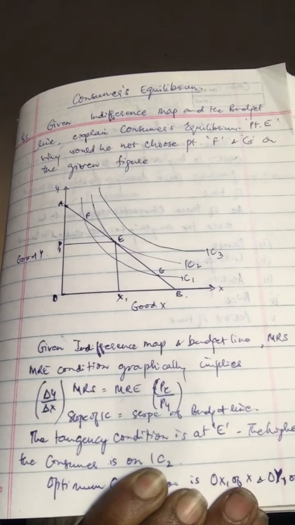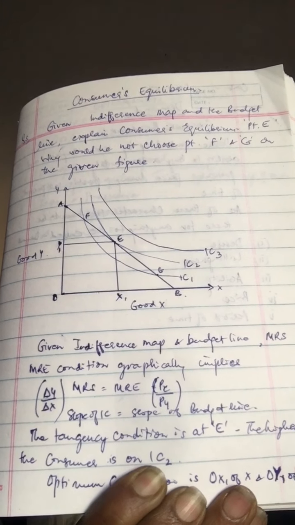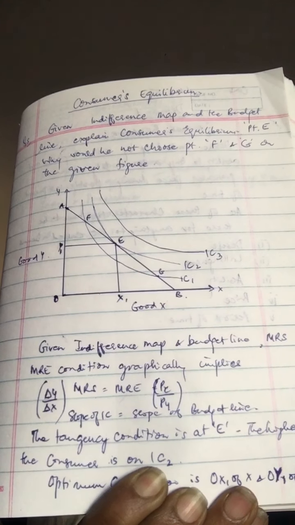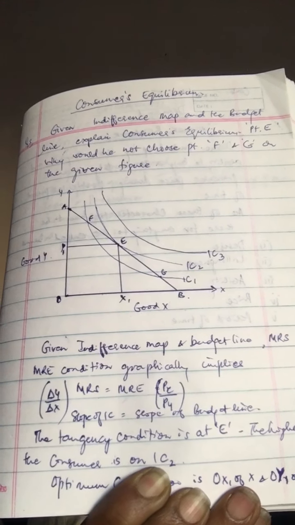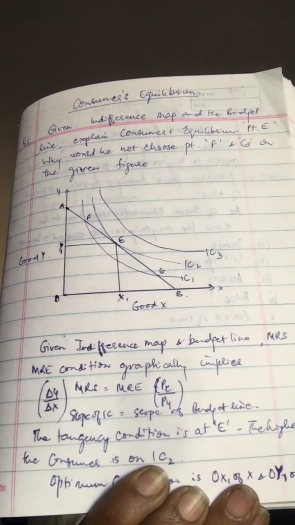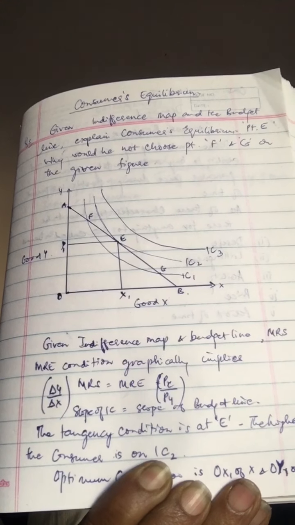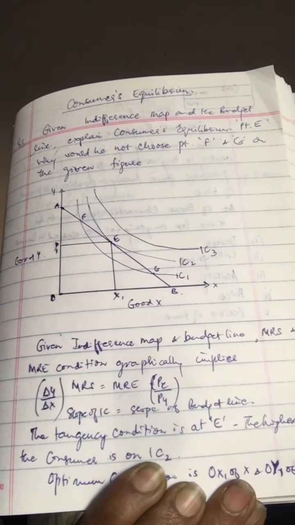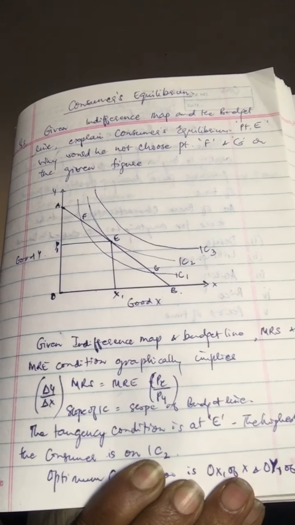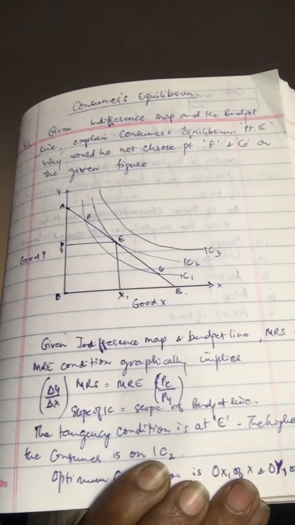This is the consumer's equilibrium. The highest the consumer can reach is the utility level indicated by indifference curve 2. The utility maximizing, that is the optimum combination of the two goods, is OX1 of good X and OY1 of good Y. Now the consumer can afford all the combinations on the budget line AB. Then why does he choose E only?